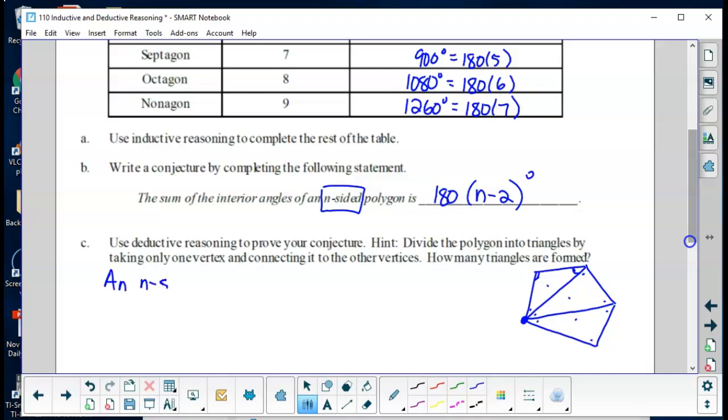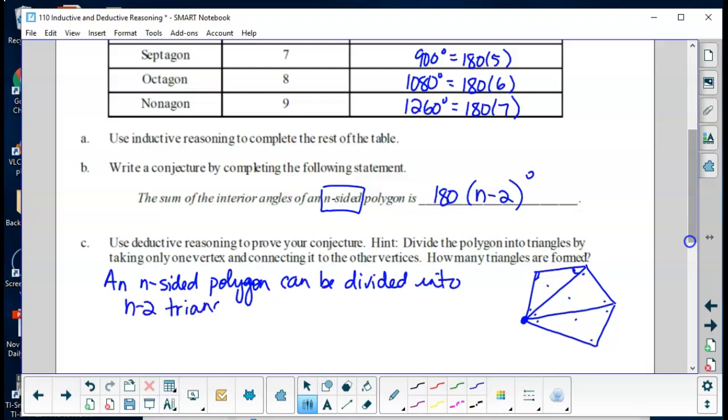So an n-sided polygon can be divided into n minus 2 triangles by joining one vertex to all the others.